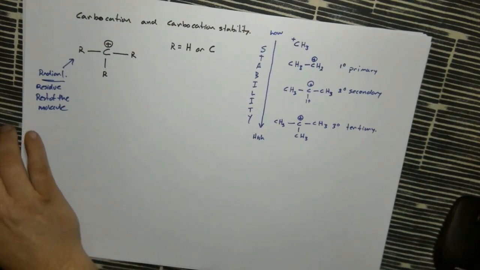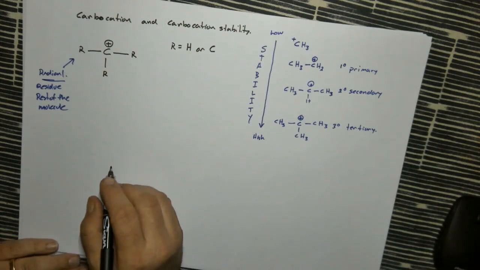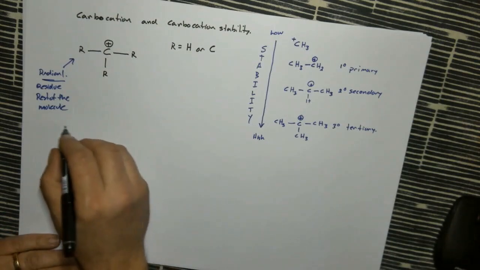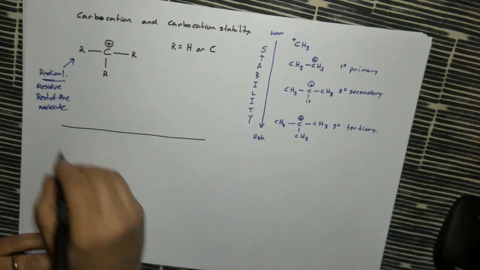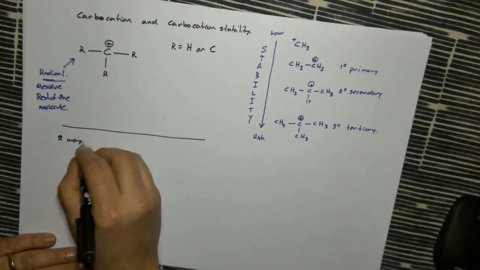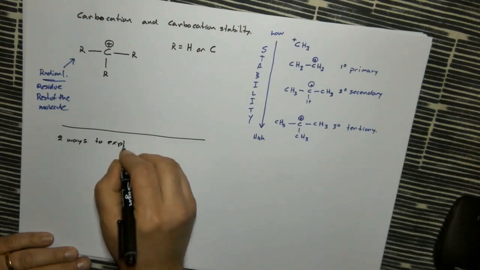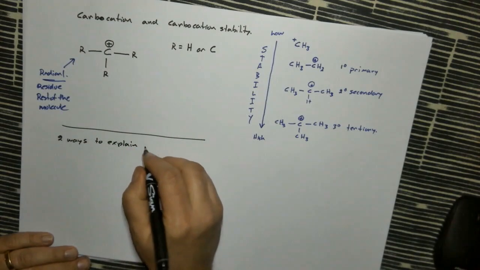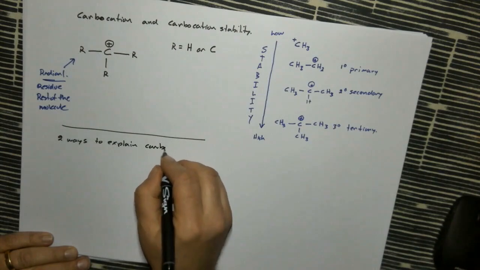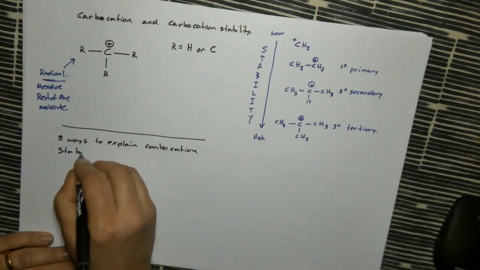And there are 2 explanatory models, and there are 2 ways of explaining this. One is a little bit more complicated than the other, but I'm not going to go into the super complicated explanation. So 2 ways to explain carbocation stability.